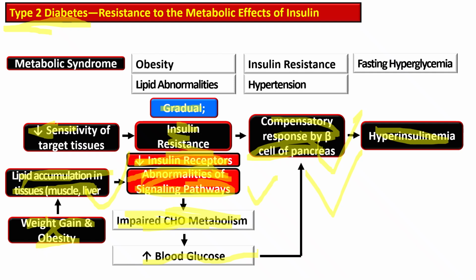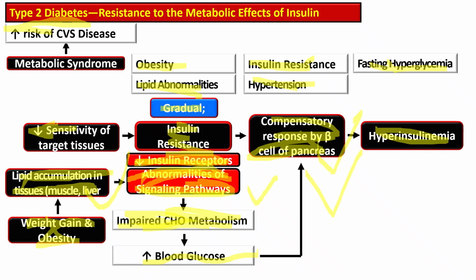Metabolic syndrome is a cluster of disorders. There is central obesity, excess abdominal fat, there is resistance to insulin, there is fasting hyperglycemia, and lipid abnormalities that are increased triglyceride, decreased HDL, and increased cholesterol. Also, there is hypertension.